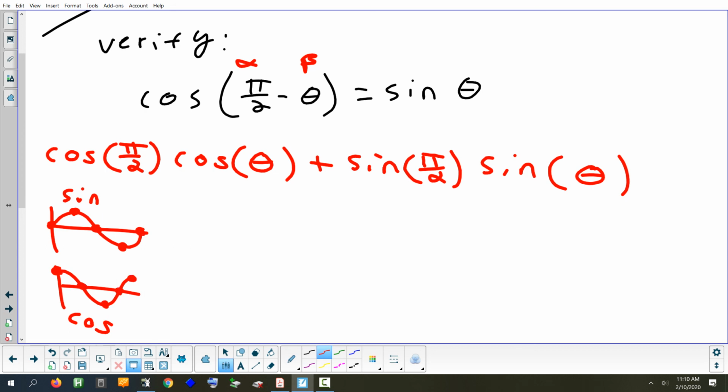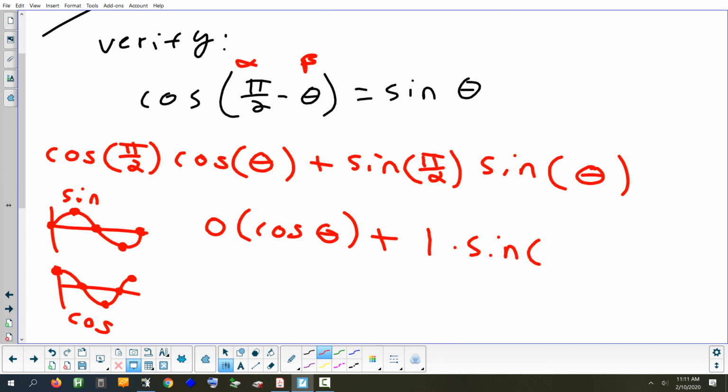So, what's the cosine of pi over 2? 0. So that's going to be 0 times cosine plus, what's the sine of pi over 2? 1. Sine is 1 times sine.